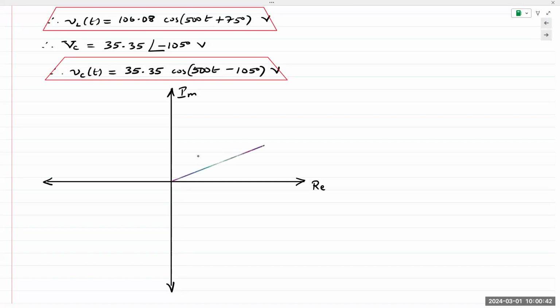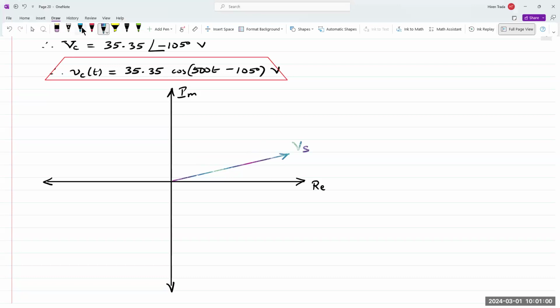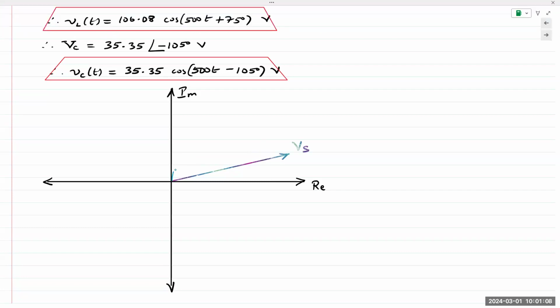And this is, of course, not to scale. Okay, so this is the phasor for VS. I will write out the phase angles later. I'm going to draw VL and VC with the same color. So VL is about 75, so 15 degrees away.